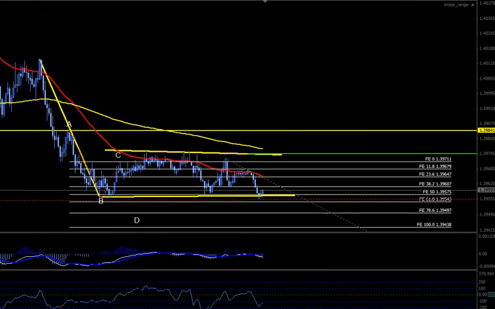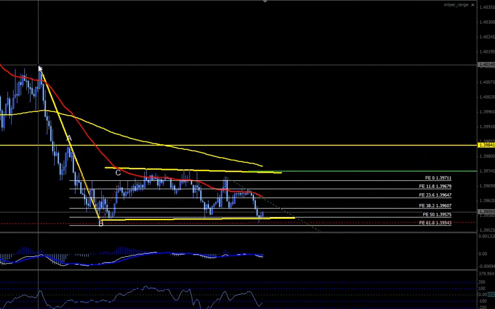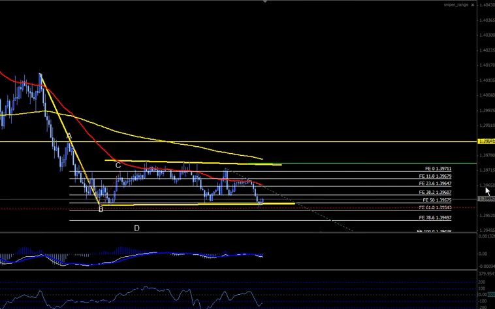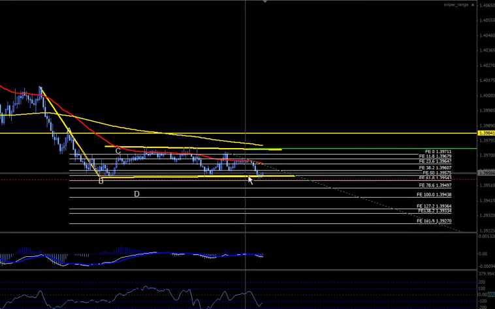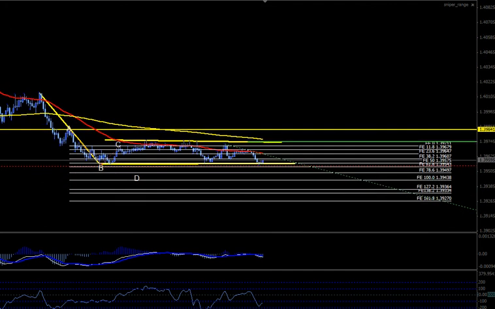And for the 5-minute bear flag, we're looking at about 58 pips south of the trend line.